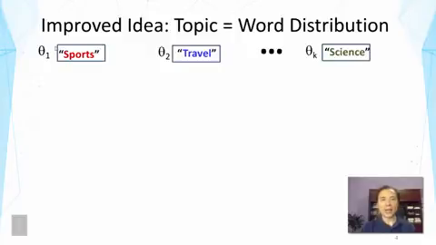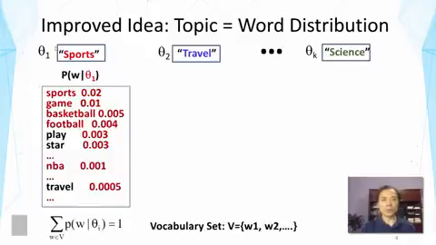So what you see now is the old representation where we represent each topic with just one word or one term or one phrase. But now we're going to use a word distribution to describe the topic. So here you see that for sports, we're going to use a word distribution over, theoretically speaking, all the words in our vocabulary.